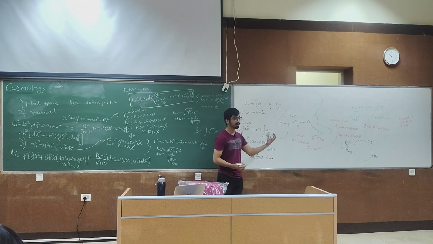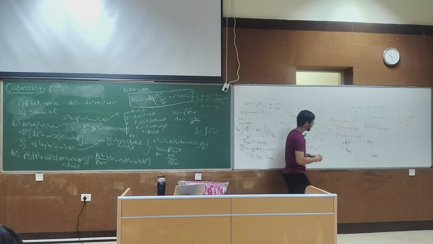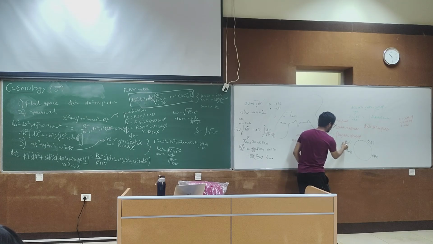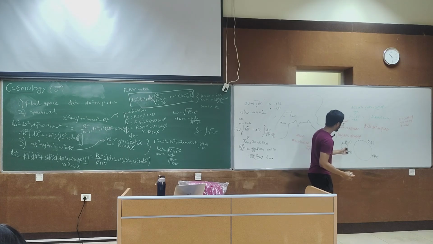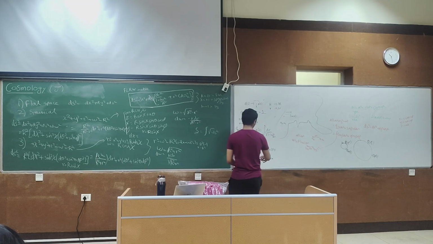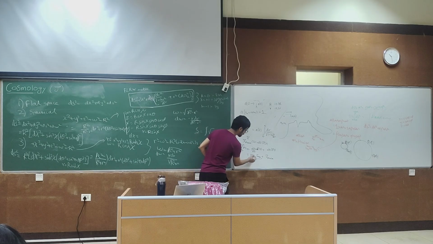So for example, you might have seen in pop science videos a balloon expanding like this, and this is literally the balloon, and if a cat or a human is walking, then its speed would have two components, one due to the expansion of the balloon and another due to the fact that the man itself is walking on the balloon. So this peculiar velocity is kind of like the man walking on the balloon, and this is due to the expansion of the balloon itself. Yeah, and this is kind of the way we measure the Hubble constant as well.